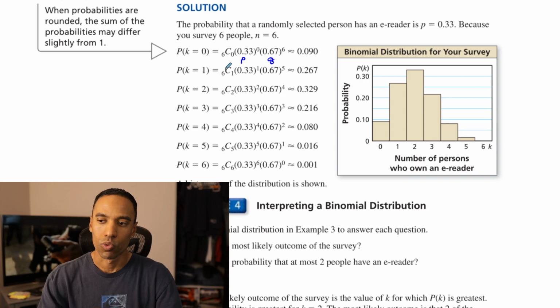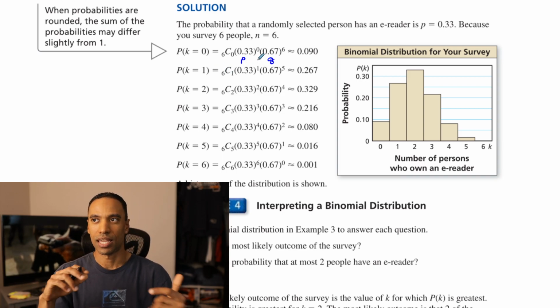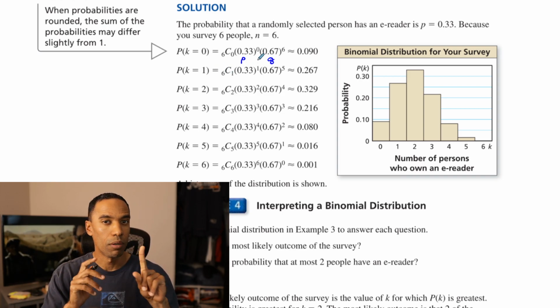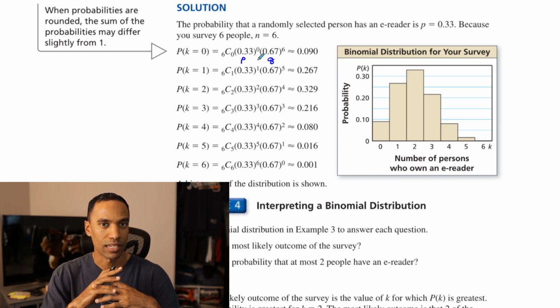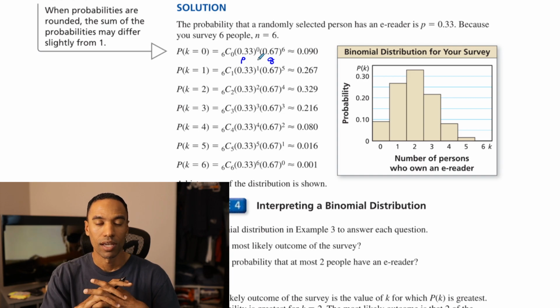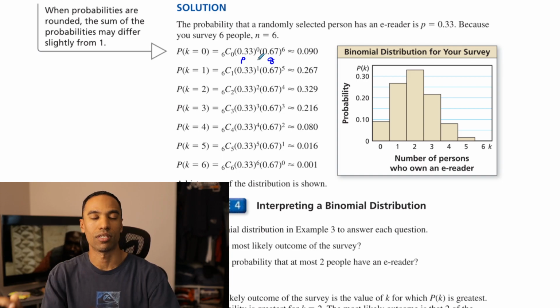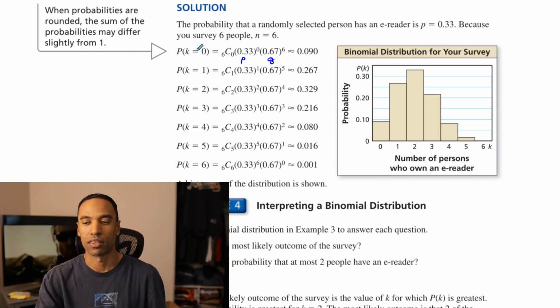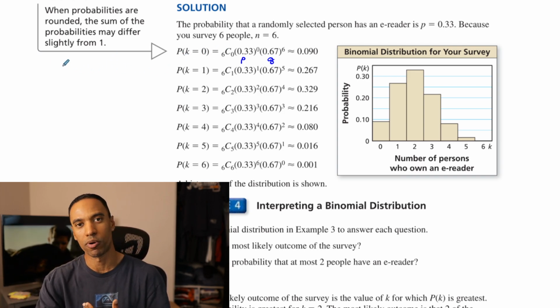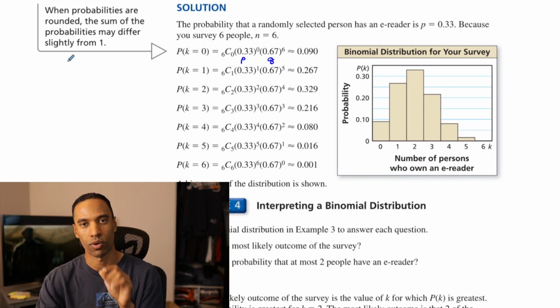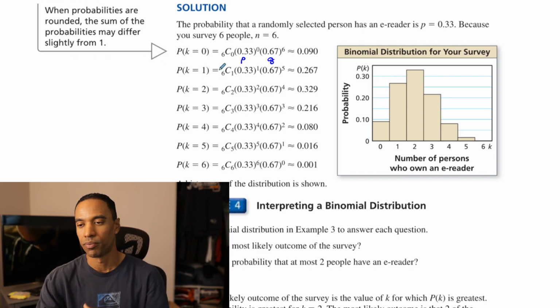When we get into k equals 1, the 6 choose 1 is the number of ways that you can get one person to own an e-reader and 5 people to not. There are 6 different versions that you can have, right? You can have the first person own it and the other 5 not, or the second person own it and the rest not, like that.